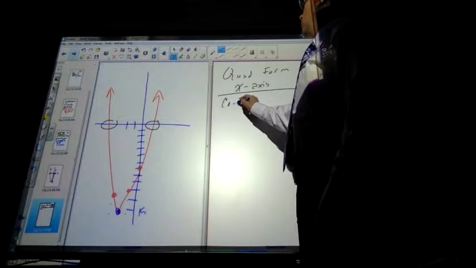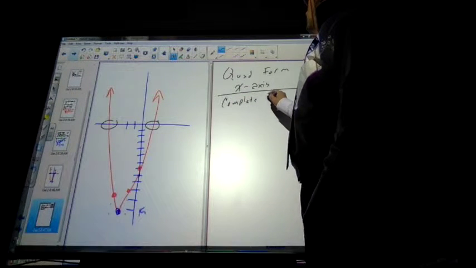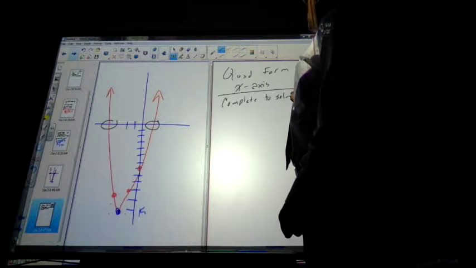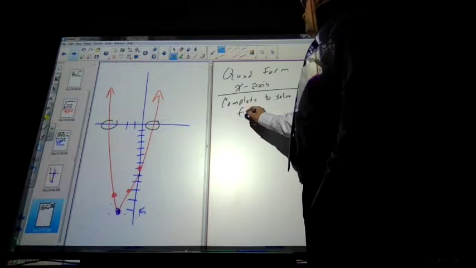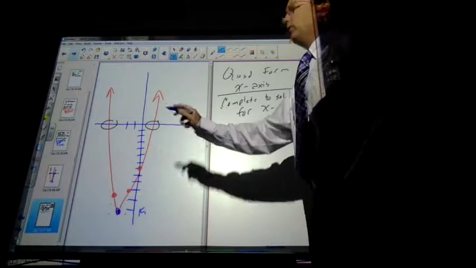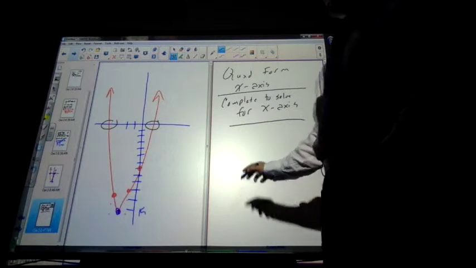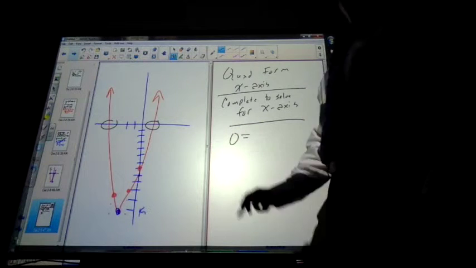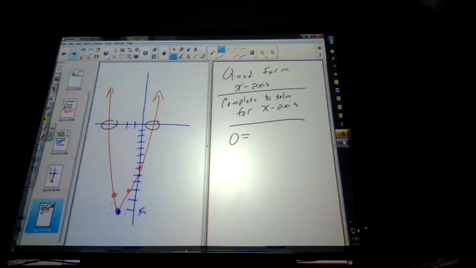So you have the quadratic formula to find the x-axis. You can complete the square to solve for x-axis as well. So now you have two different choices of how you want to do it. If you complete the square on it, remember you're going to set it equal to 0 and then do everything that way.